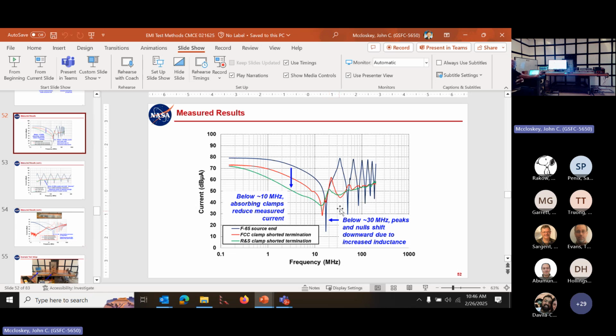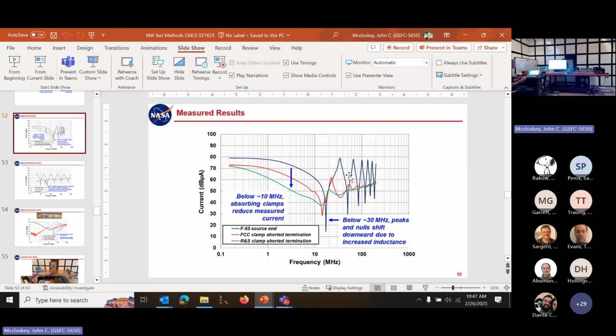The pattern of peaks and nulls is dependent on the length of the cable, but then also whatever that material is between your conductors that's determining your speed of propagation. And when you add some dielectric material like the foam, but especially that magnetic material, those ferrites, it's going to shift that pattern of peaks and nulls.